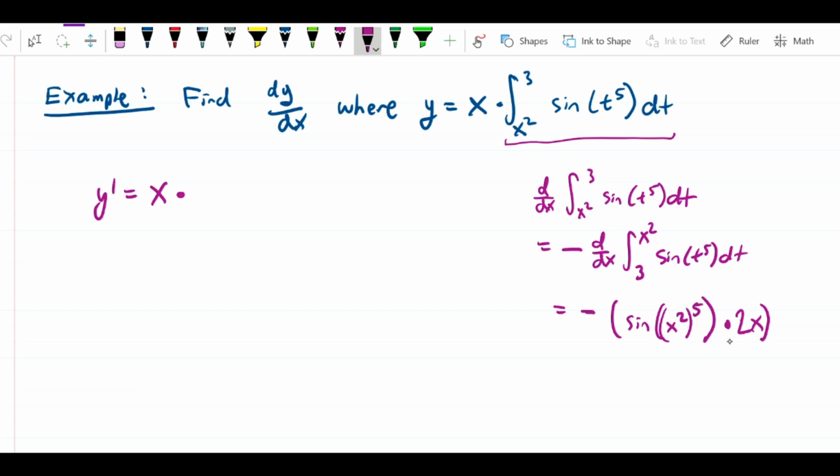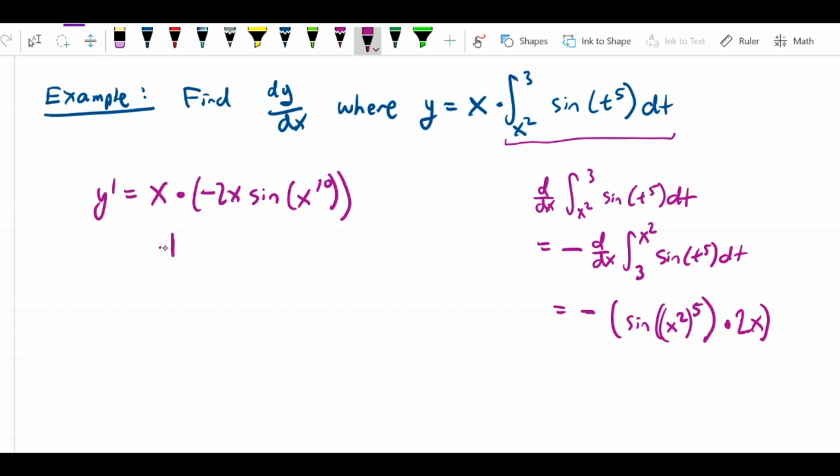Okay, so we now see what the derivative of this expression is. Going back to our product rule, we have x times the derivative of that expression, and that's going to equal negative 2x sine x to the 10th, once I simplify that.